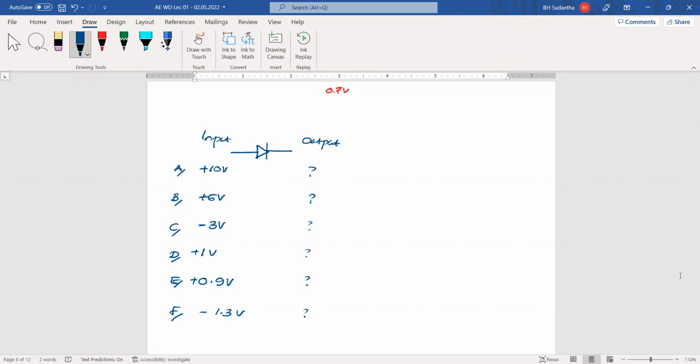The first one, 9.3, is okay. 9.3 is correct. And then it's 9.3, 5.3, 0, 0.3 volts, 0.2 volts, 0 volts.